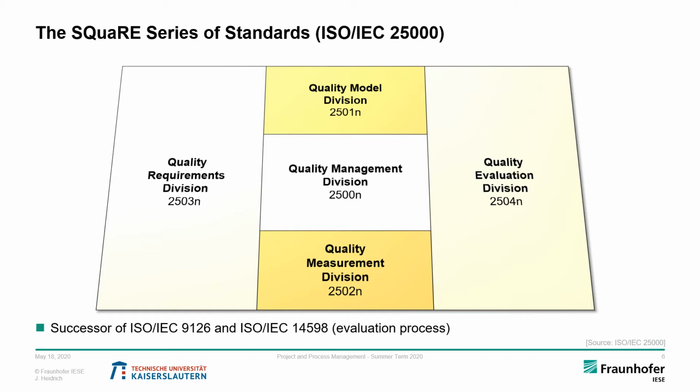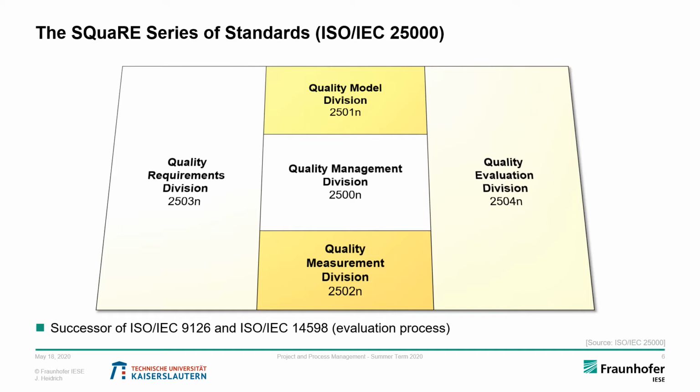SQuaRE is an abbreviation that stands for Software Quality and Requirements Evaluation. It basically defines different areas, so-called divisions. In each division, you may have multiple reports as part of that standard. And these reports basically define some general quality requirements that systems might have.